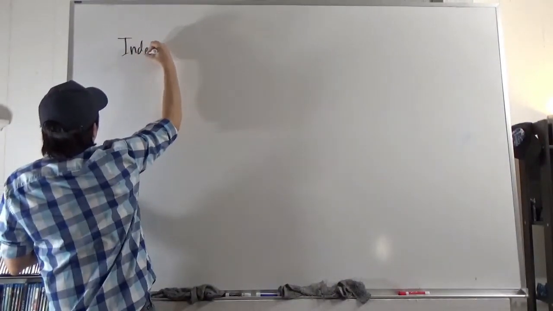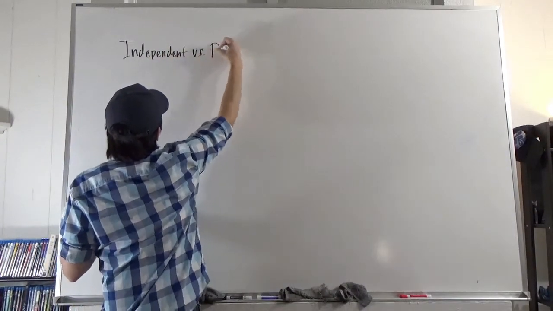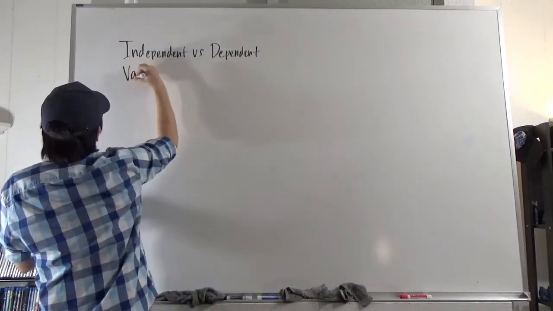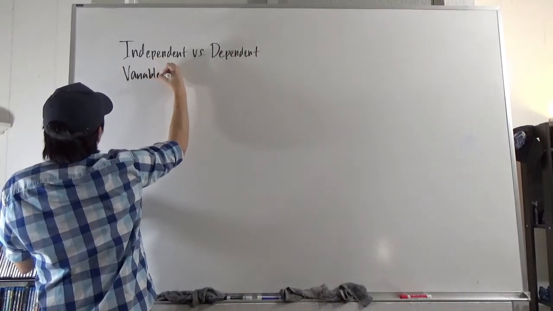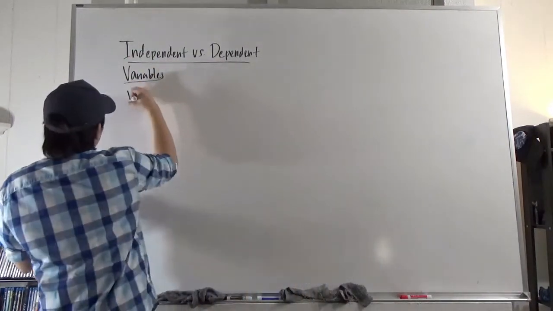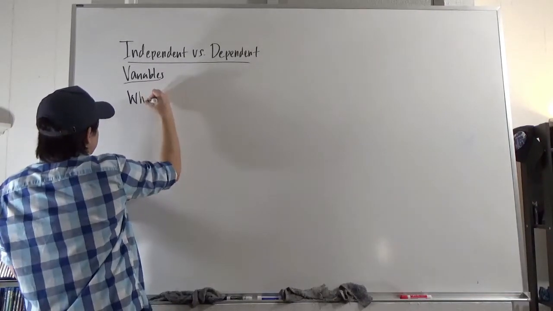Okay, next we're going to talk about independent and dependent variables. When you have 2 variables, like an x and a y, or again, we're going to use different letters like maybe t and p.